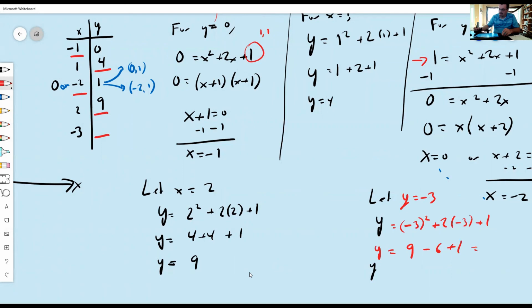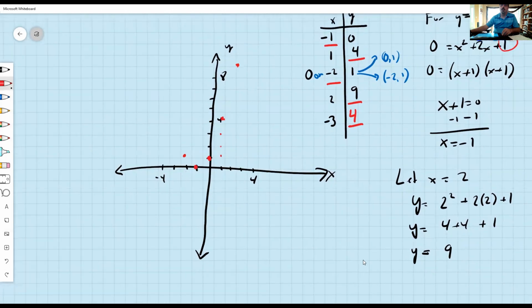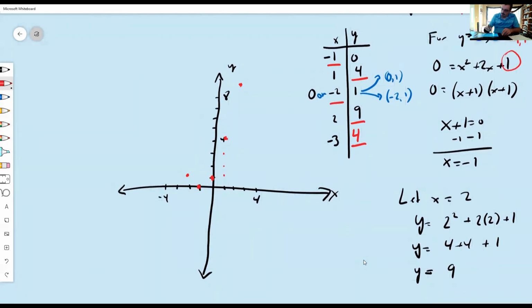Well, 10 minus 6 is 4. So this should be a 4. I apologize for that mistake. So at minus 3, we should be up here at 1, 2, 3, 4.